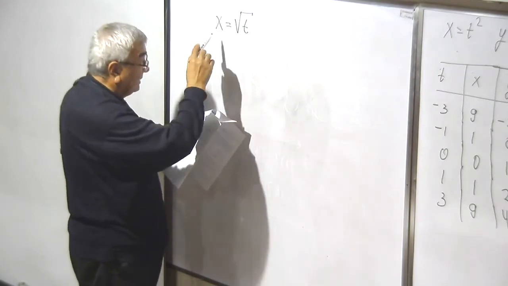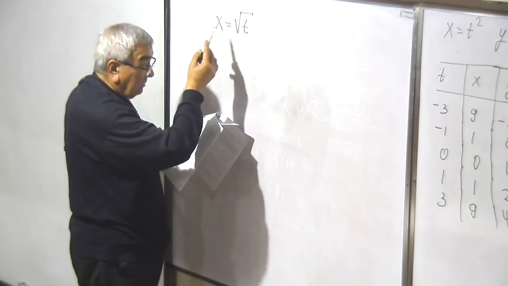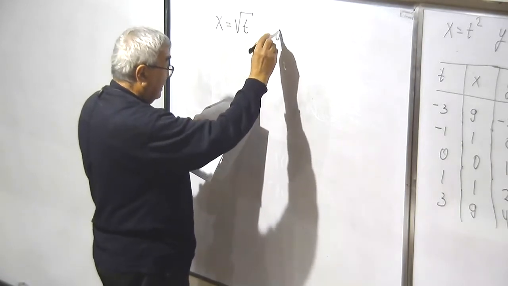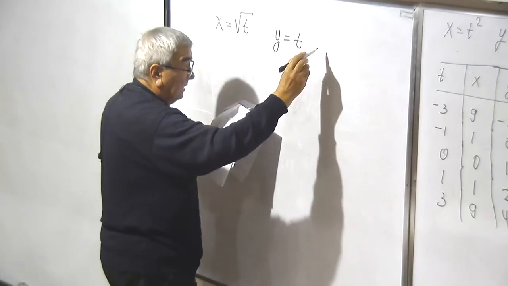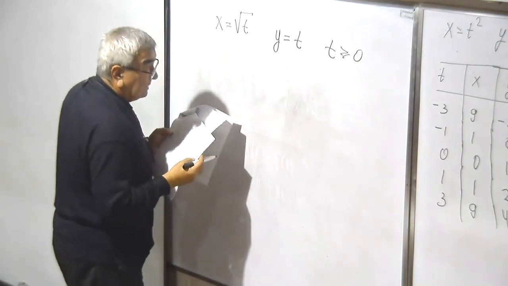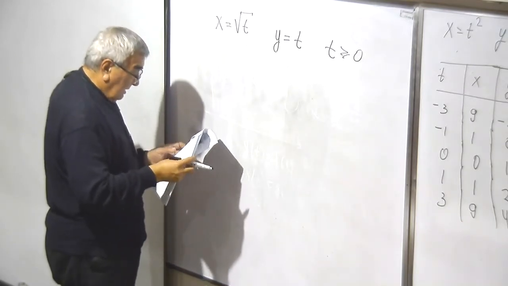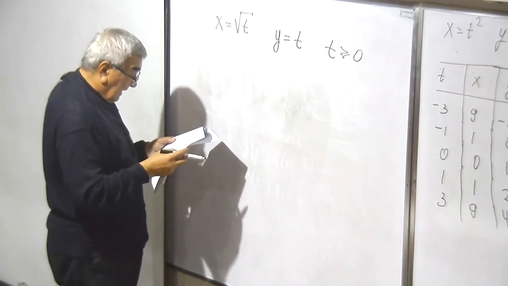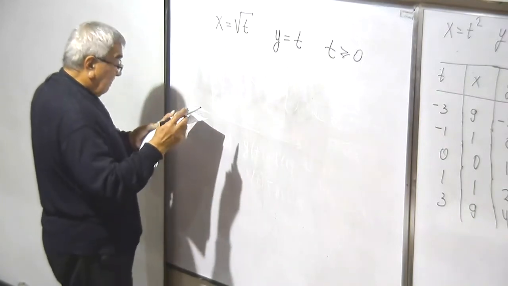But don't confuse that coordinate, x equals the square root of t, because I told that in mathematics all quantities are dimensionless. y equals t, t larger than 0. That means t equal to 0 is the initial time of this motion. Identify the path traced by the particle and describe the motion.